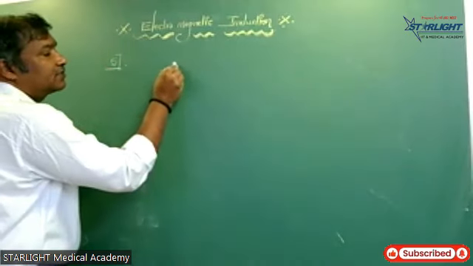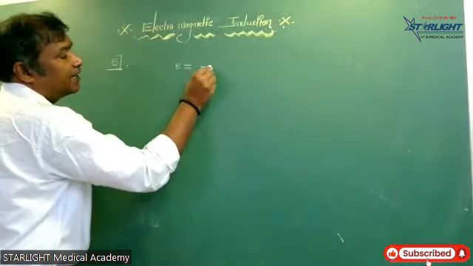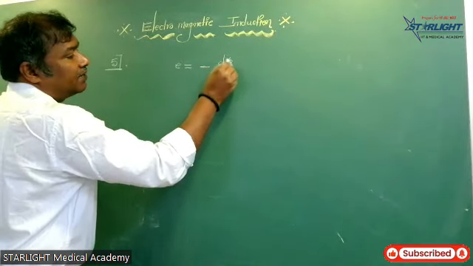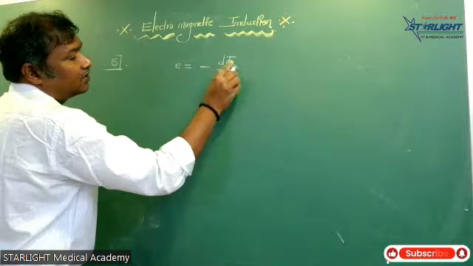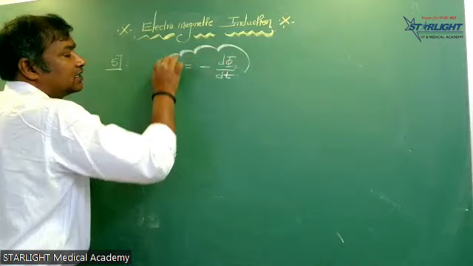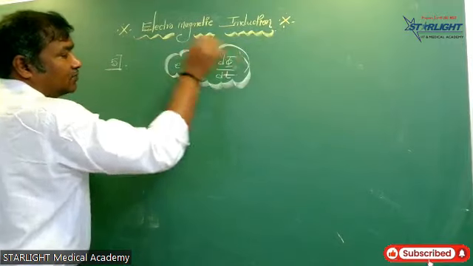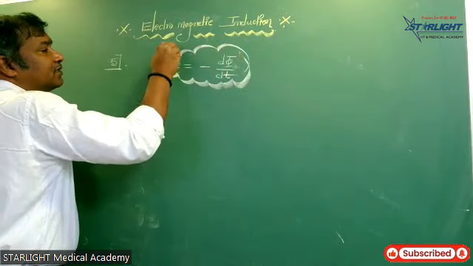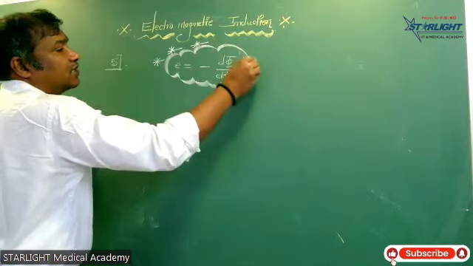Faraday's law చెప్పండి. ఈక్వేషన్ E is equal to minus dφ/dt. Okay, magnetic flux. So this is the equation, very very important basic formula of this chapter.